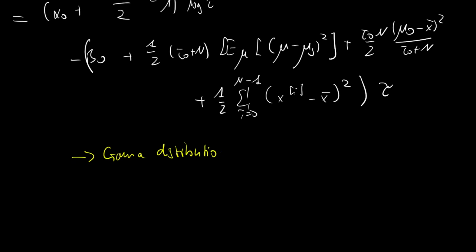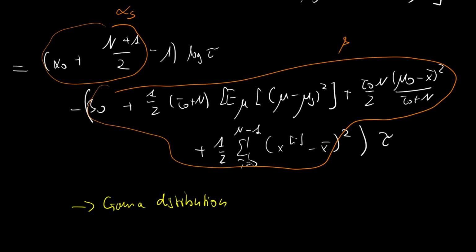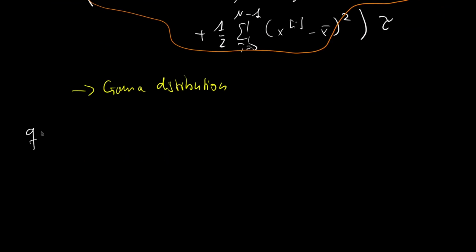And the gamma distribution has two parameters, an alpha and a beta. And this one here will be our alpha s, so alpha surrogate. And this one here will be our beta s, or beta surrogate. And then let's note this down: q of tau, so the surrogate over tau, is a gamma over tau under the parameters alpha s and beta s.